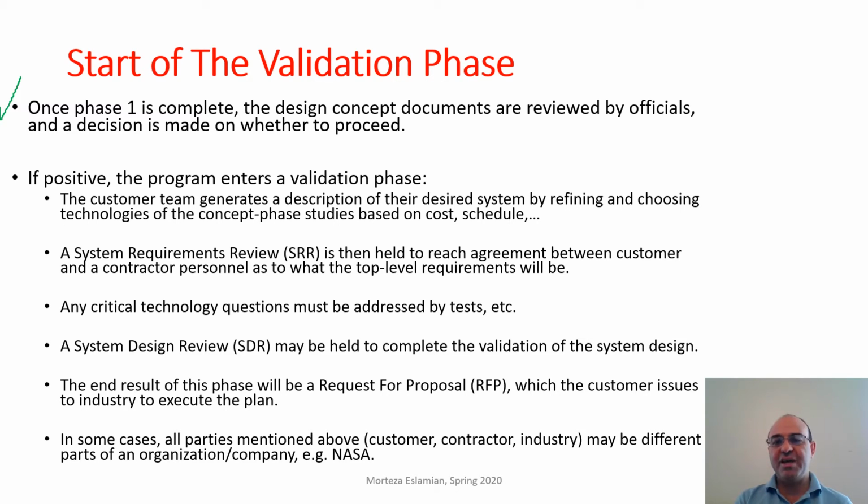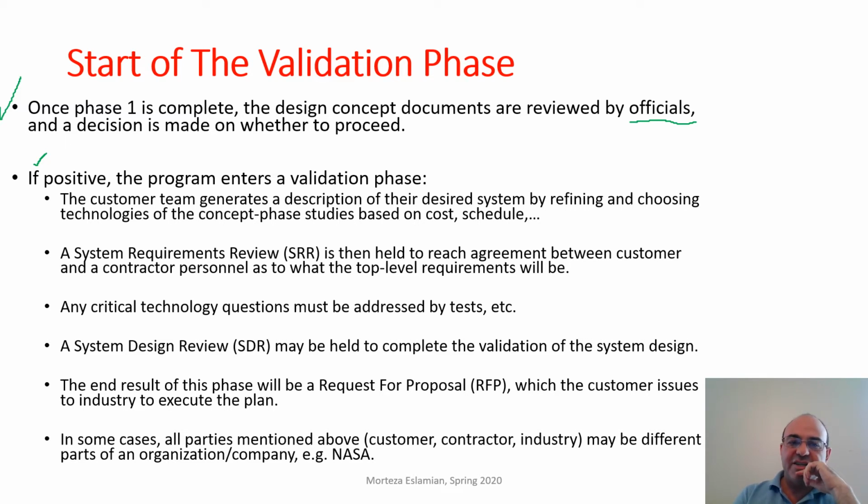So officials means essentially people like leaders, executives, people who run the company, people who actually decide about the direction of the company, the budget, and so on. The officials could be like the customer, or the executives of a company. So if positive, the program enters a validation phase.